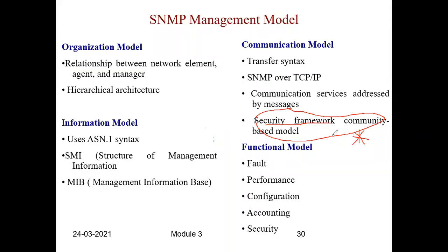Everybody writes that in SNMP version 1 security is absent, version 2 security is absent, version 3 it is present. वही एक आंसर के लिए उनका पूरा मार्क्स चला जाता है. Remember, security is there in all versions of SNMP. कुछ पढ़ाने से पहले ही I am emphasizing this point so that you remember it.